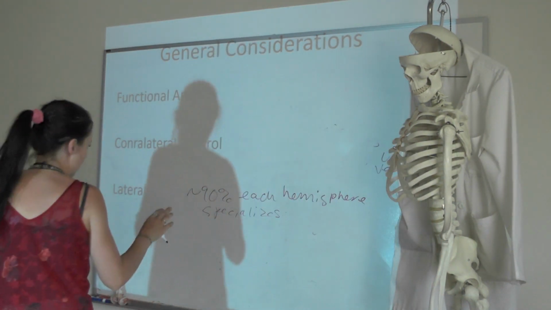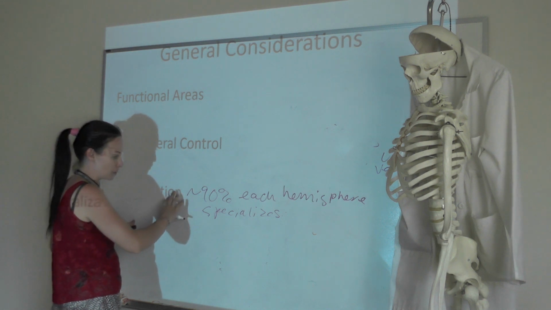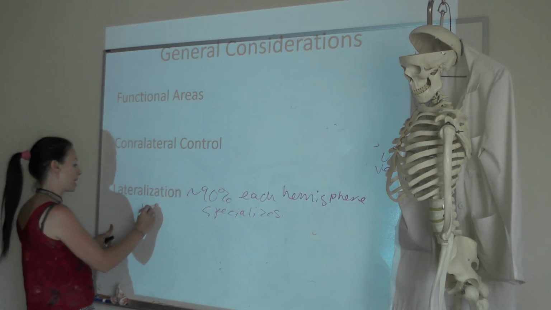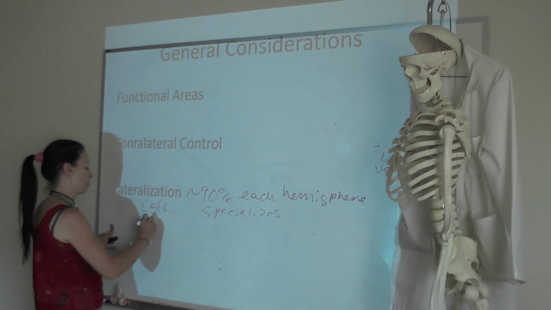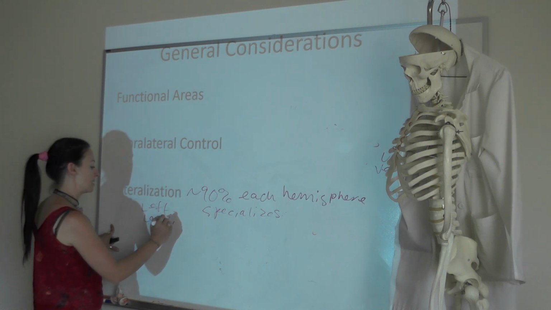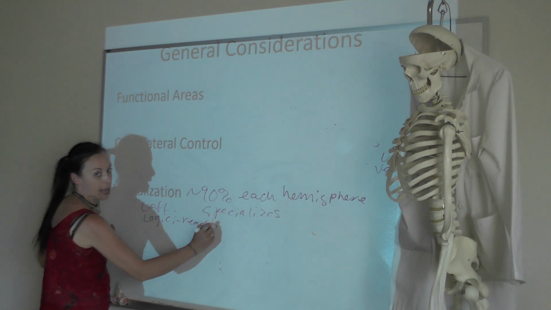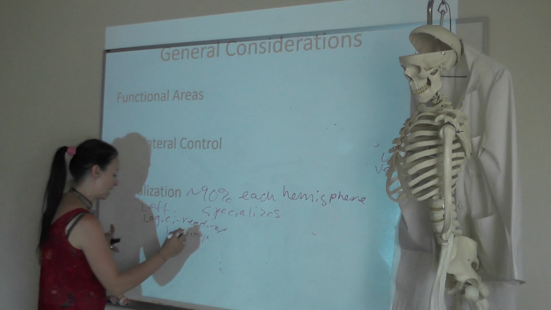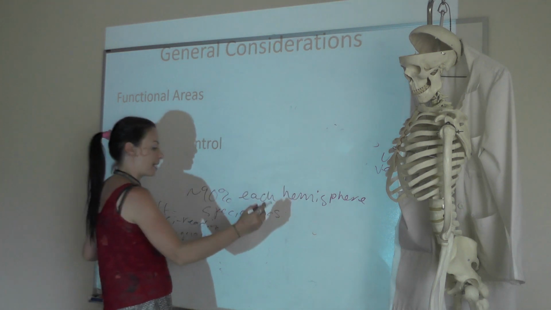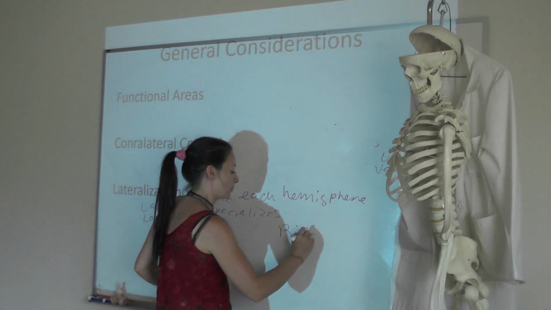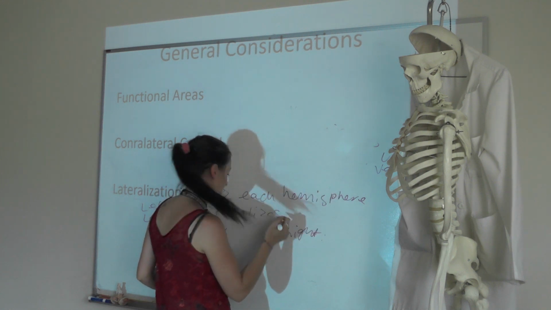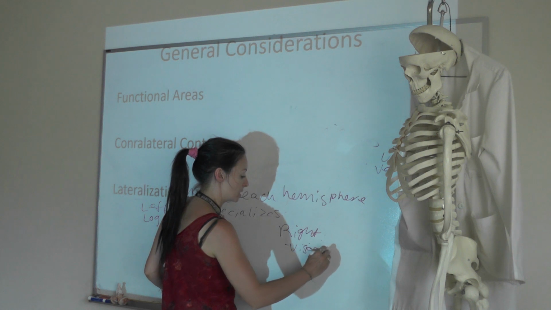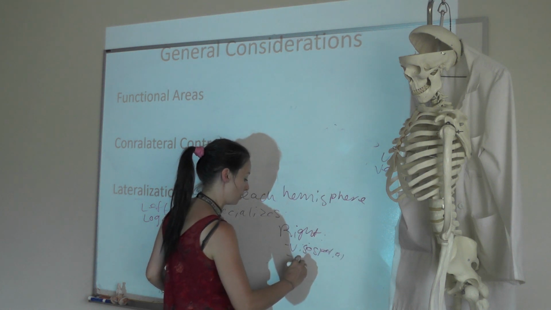So in 90% of individuals, each hemisphere specializes, where your left brain is going to be really logical, and this is where we're going to see reading and language and speech and a lot of that. And then our right brain, in most individuals, is going to be more visuospatial, artistic, emotional.